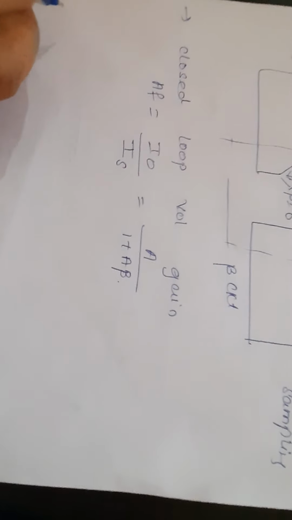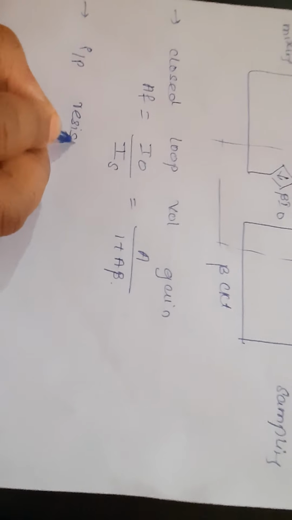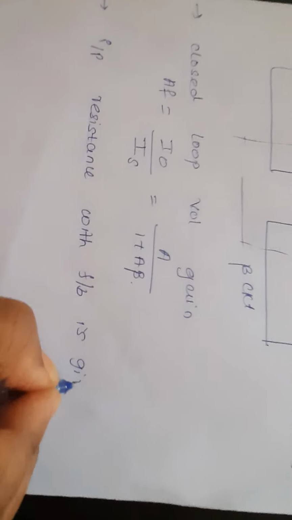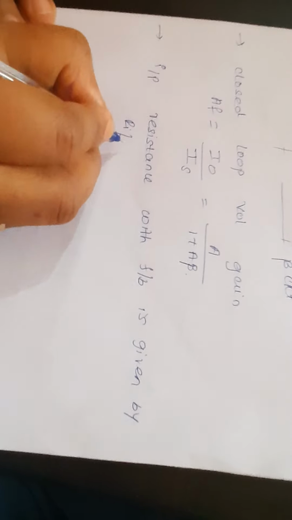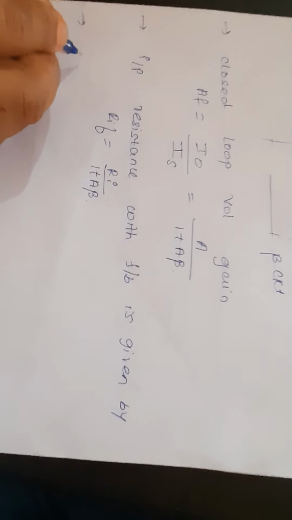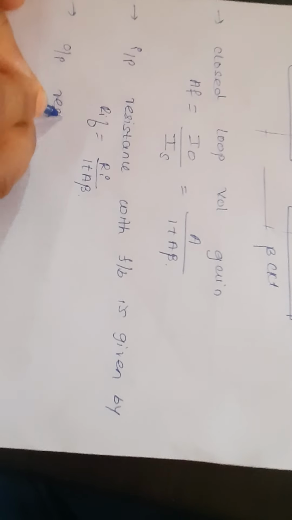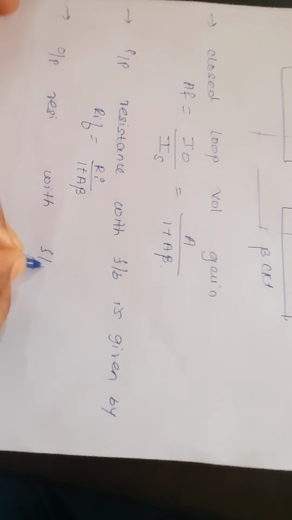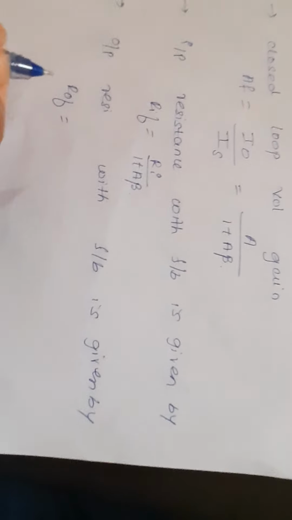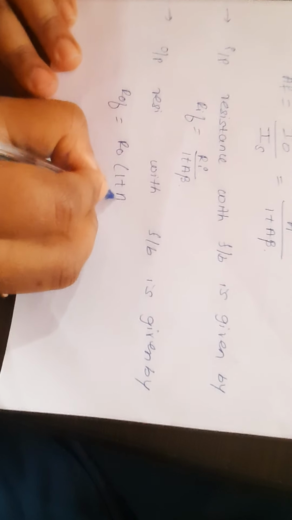RIF is given by Ri divided by 1 plus A beta, and the output resistance with the feedback is given by ROF equals R0 into the bracket 1 plus A beta.